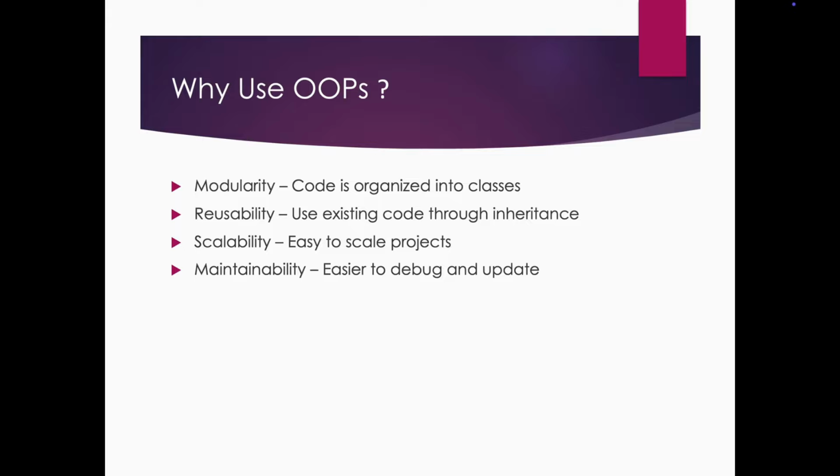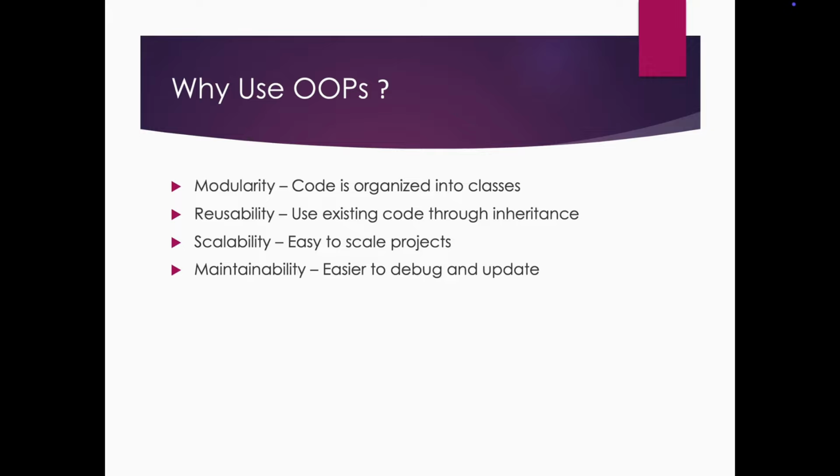The second thing is reusability. When you use the OOPS concept, you can reuse the existing code through the inheritance concept. The next point is scalability. When you use the OOPS concept, it becomes very easy to scale your application to a large level.